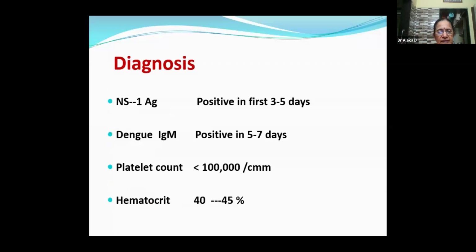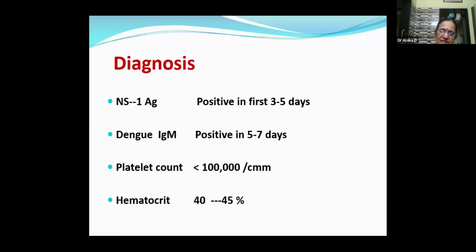How do we diagnose it? The diagnosis is by detecting the dengue antigen. It is NS1 antigen. It's positive in the first 3 to 5 days. Now, because the patient has come to us with fever, we suspect it and we send for NS1 antigen. But there could be asymptomatic people where NS1 antigen is positive, but they have not been infected.